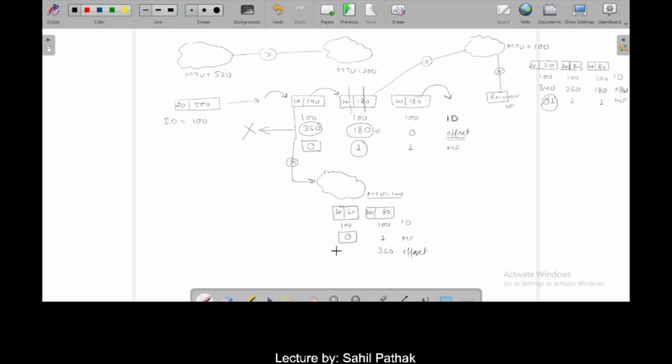So that would be 440. Okay, so now you can see that 440 bytes are ahead of this last fragment, and this fragment is having 60 byte of data. So 440 plus 60 is 500. So we have sent the 500 data bytes, and we can confirm that we have received in total 500 data bytes. So this is correct.